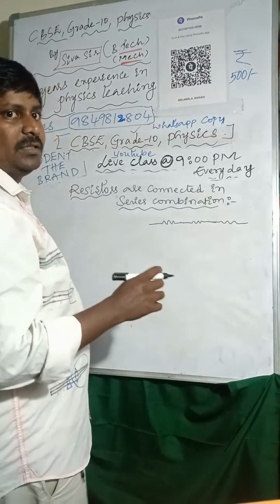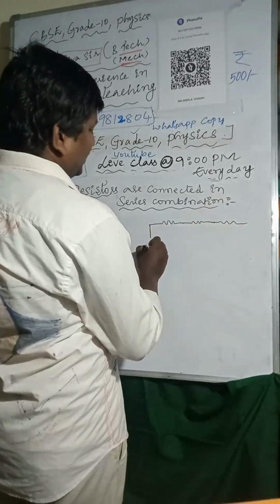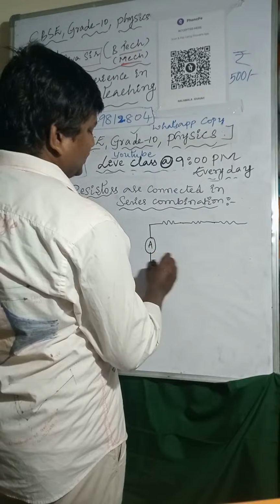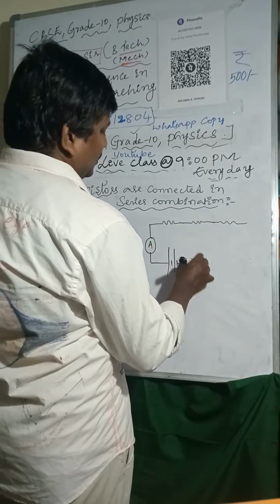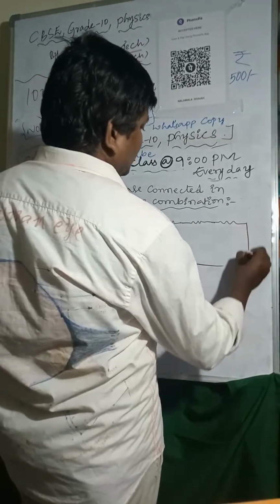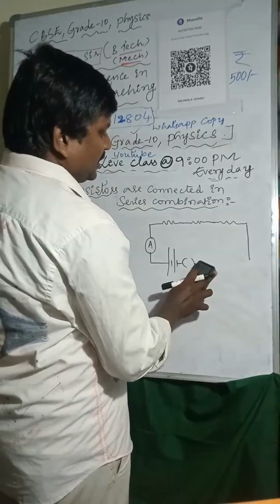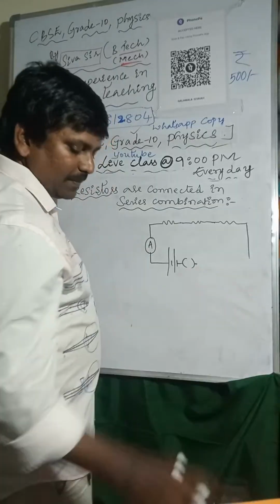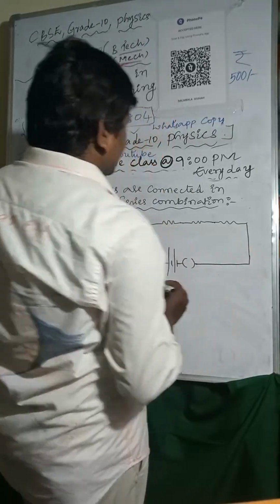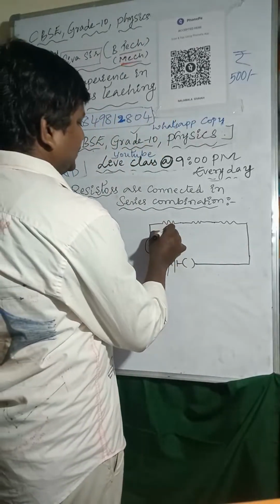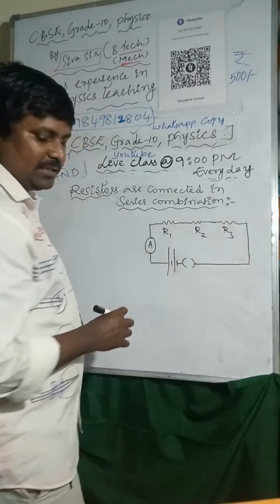Now I am considering here an ammeter, a battery and a switch. Here is R1, R2 and R3, three resistors.